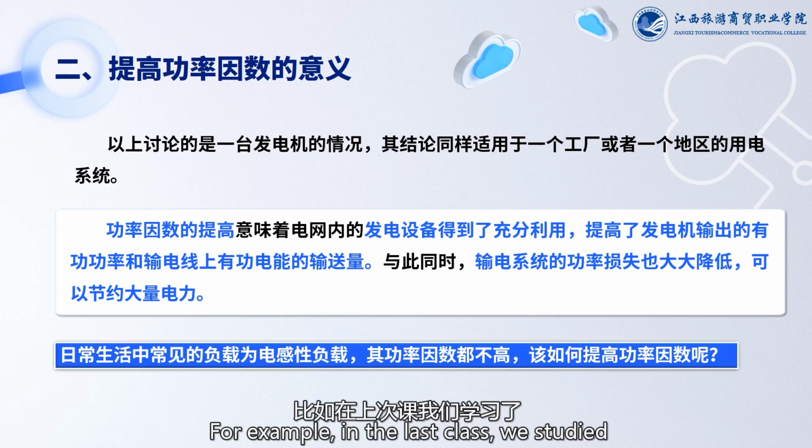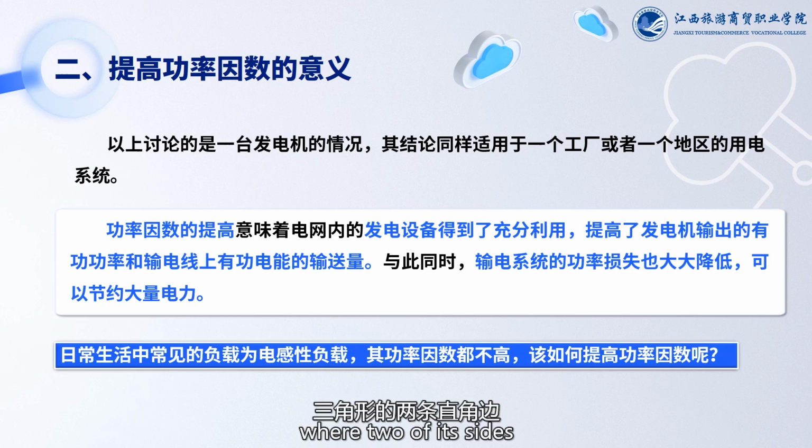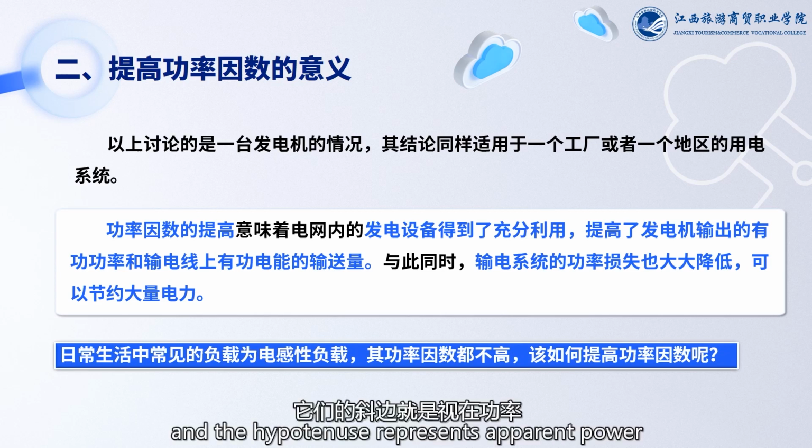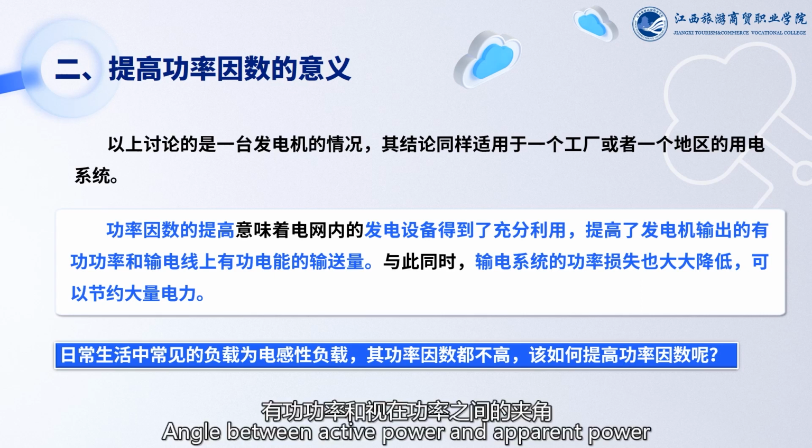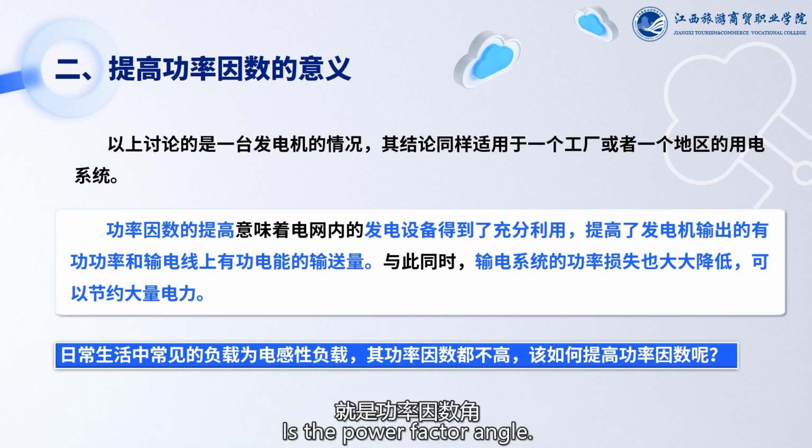For example, in the last class, we studied the power triangle, where two of its sides represent active power and reactive power, and the hypotenuse represents apparent power. The angle between active power and apparent power is the power factor angle.